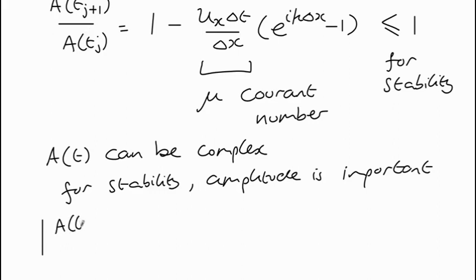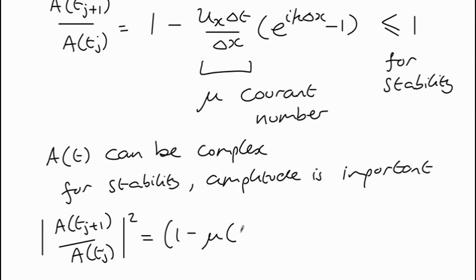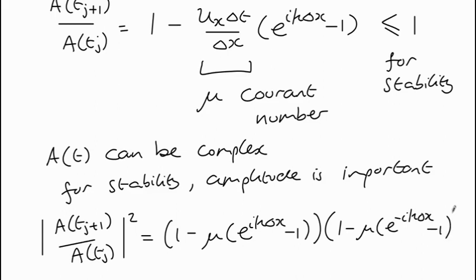So we have A at t_(j+1) over A at t_j, modulus squared. And then we'll multiply this out. Here we have 1 minus mu times (e to the ik delta x minus 1), multiplied by its complex conjugate, so we have 1 minus mu times (e to the minus ik delta x minus 1).